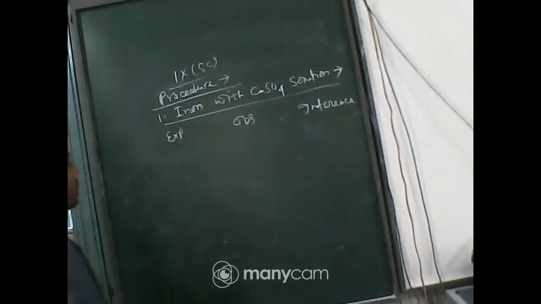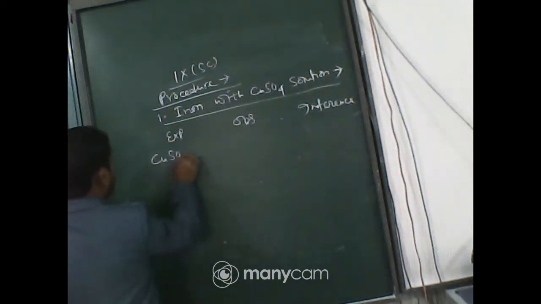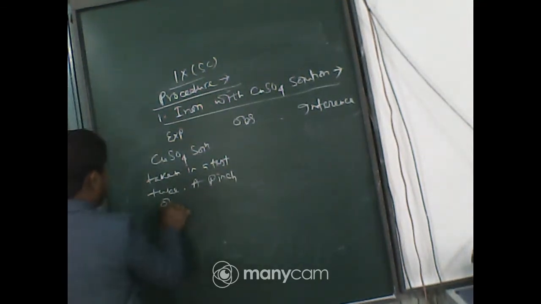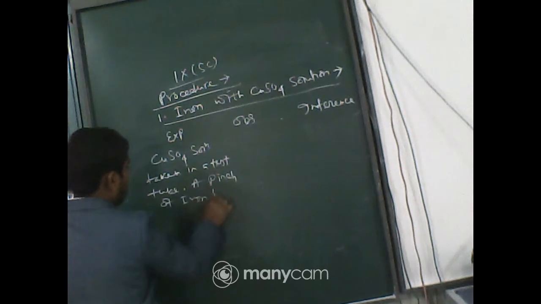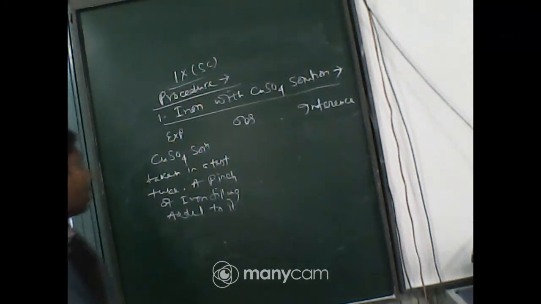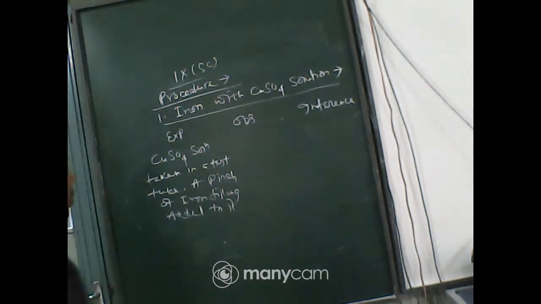The experiment: copper sulphate solution taken in a test tube, a pinch of iron filling added to it. Copper sulphate solution taken in a test tube, a pinch of iron filling added to it.